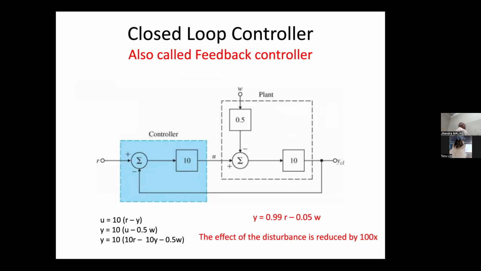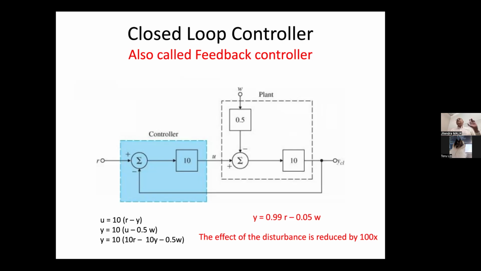Then I can take this 100Y and make it 101Y, right? Which means Y equals 100 upon 101 R minus 5 upon 101 W. So 100 upon 101 is 0.99, 5 upon 101 is approximately 0.05. So the net result is Y equals 0.99R minus 0.05W.